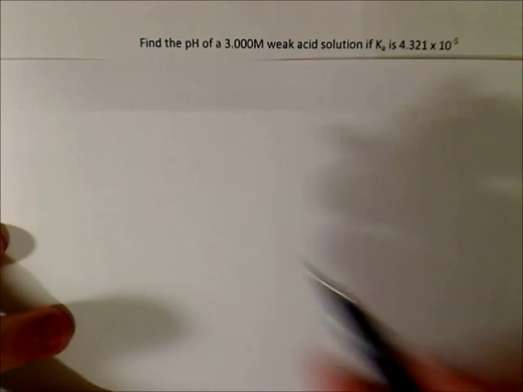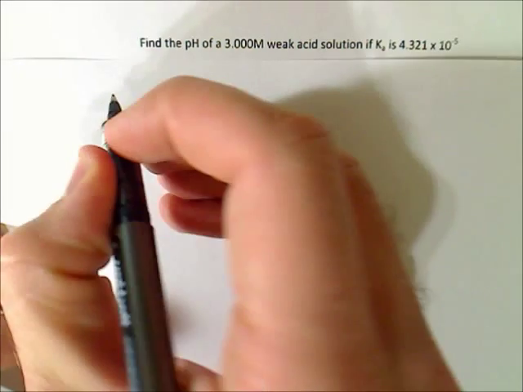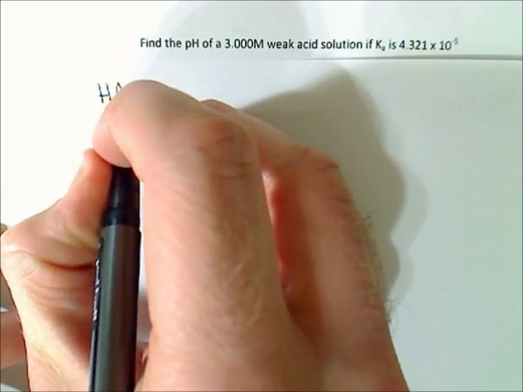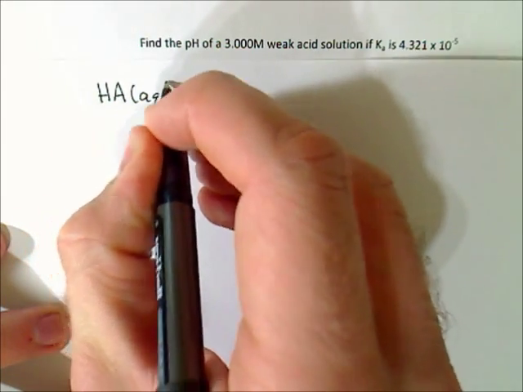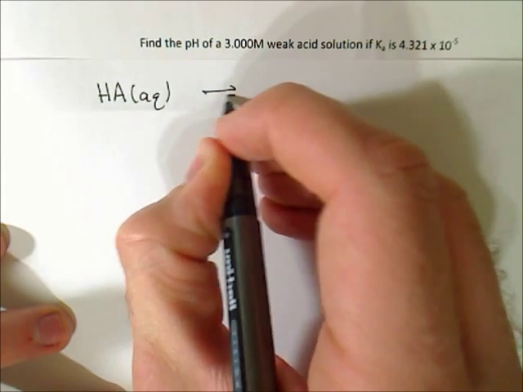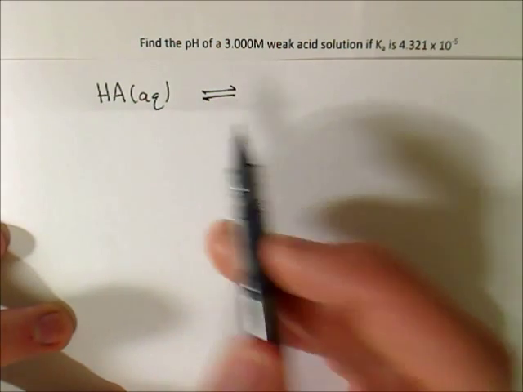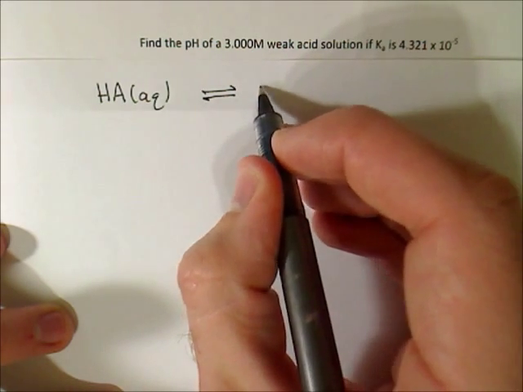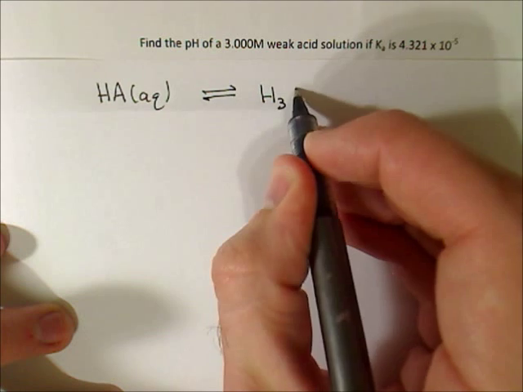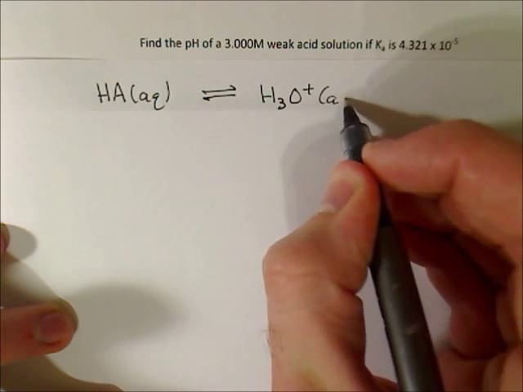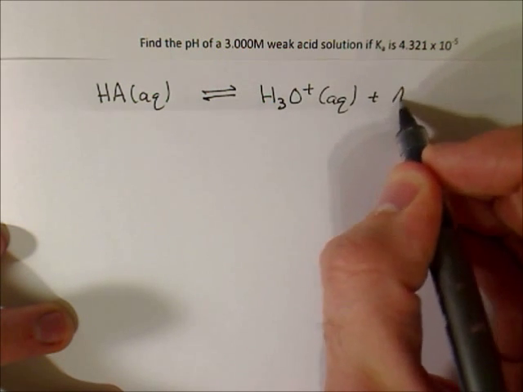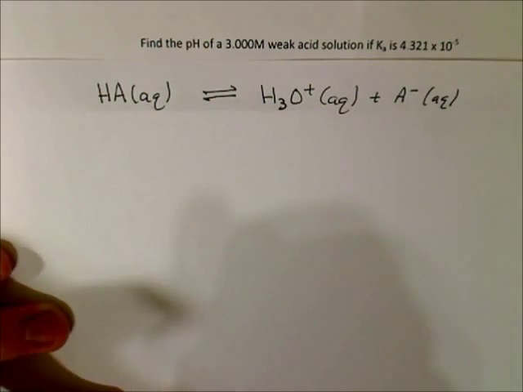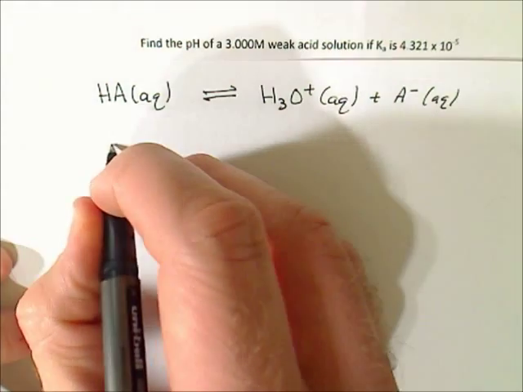So the first step, let's write out our dissociation equation for these weak acids. And in this one we use the equilibrium arrows because it's not a strong acid. So that's our reaction, and now we need to find Ka.